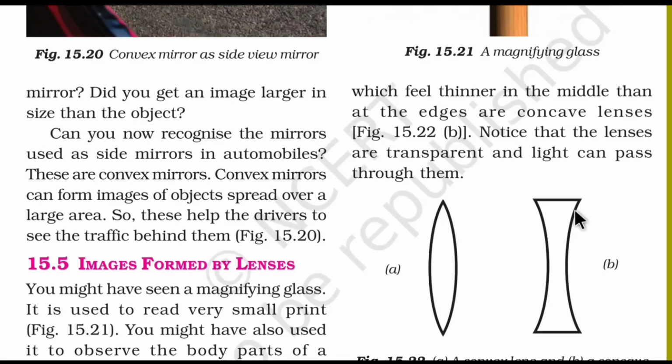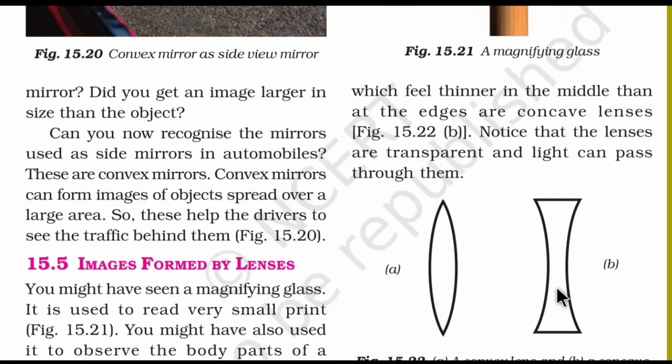So that is nothing but the concave lens. Notice that the lenses are transparent and light can pass through them, obviously. These are made of glass, or nowadays plastic is also used for making lenses, but generally it is made of glass, and that glass must be transparent.